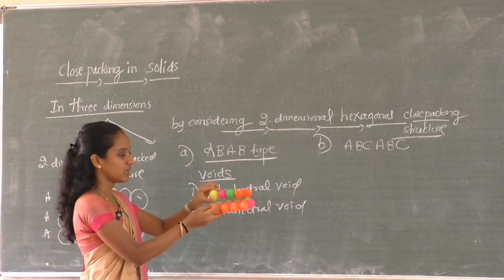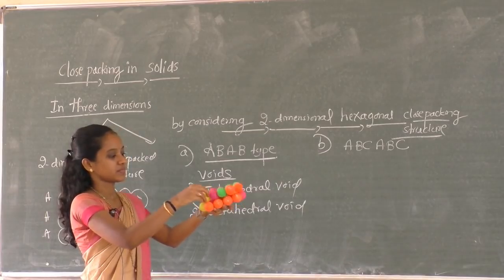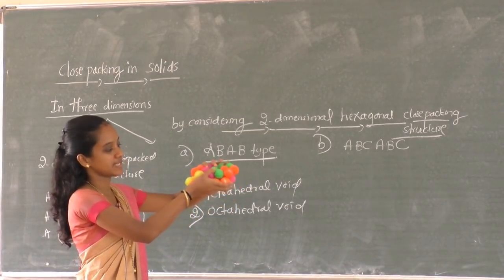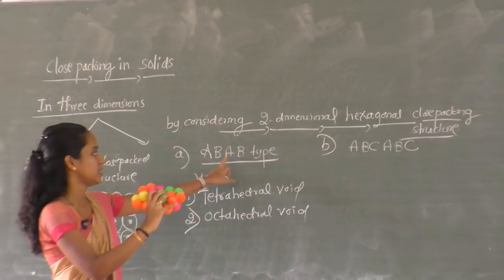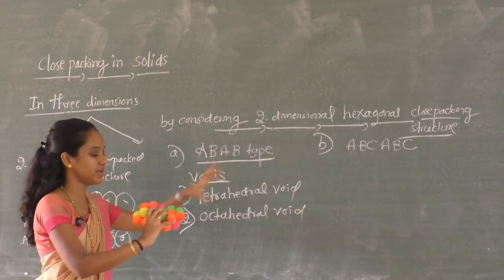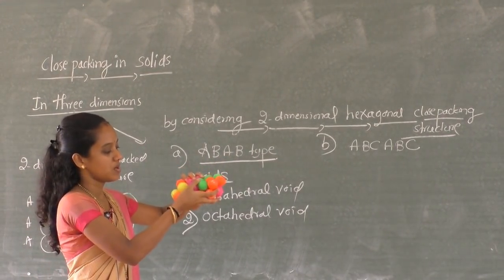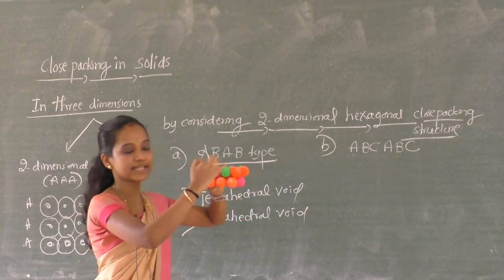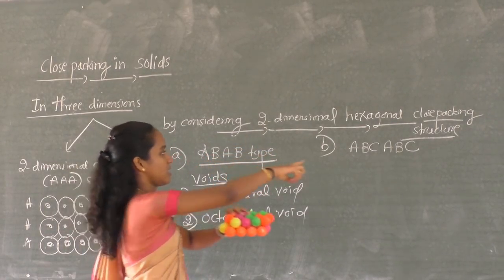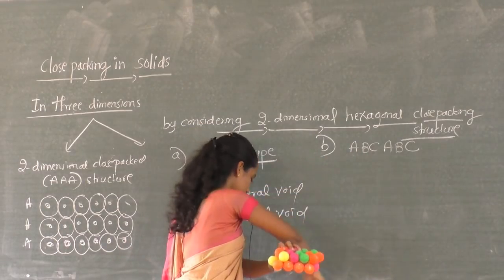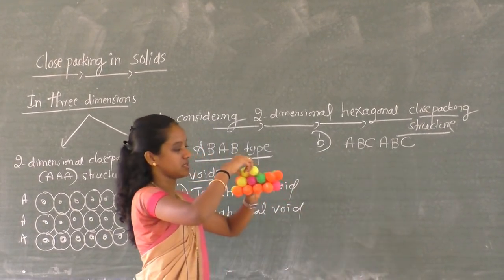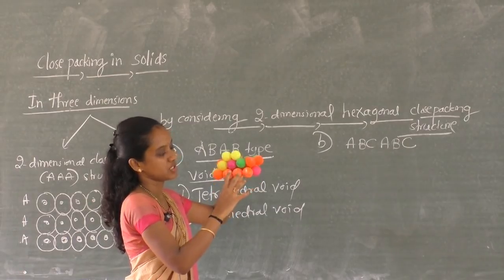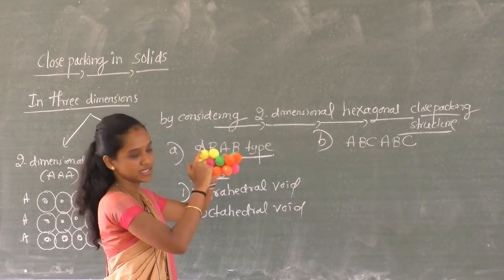So I'll keep one more layer like this. This is AB type. Now if I keep one more layer, a third layer over the second layer, I get ABC type, like this.